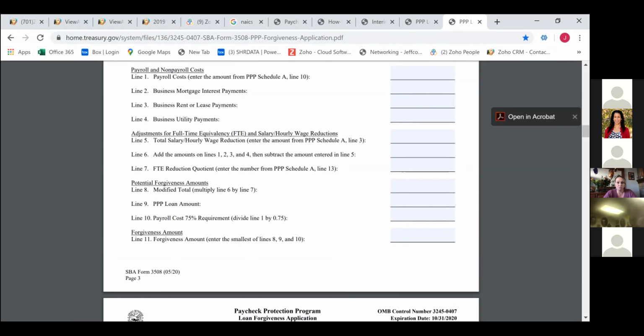Getting to the look back period, again, just general concepts. The rules have changed for this as of last Friday when this application became available. The current rules are that for all businesses, there are three look back periods you can use: either February 15th, 2019 through June 30, 2019, or January 1st, 2020 to February 29th, 2020.